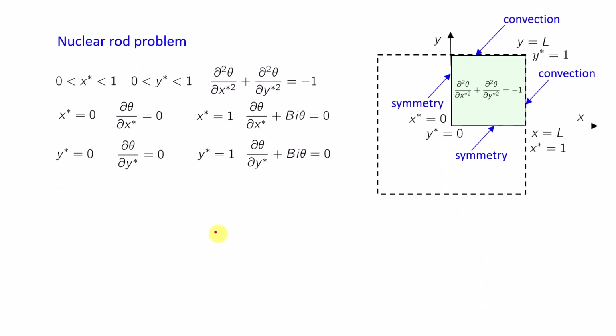In this case, we have solved a nuclear rod problem. It's a complex problem, but our model is super simple. So the first question we have to ask is: is our model correct? Does our model correctly incorporate all the variables we are interested in?